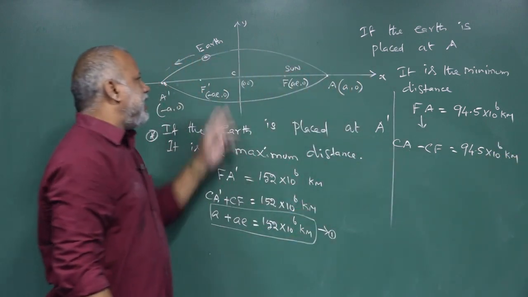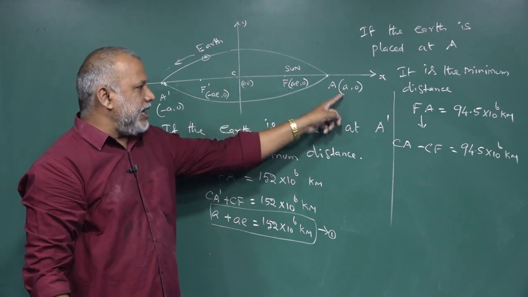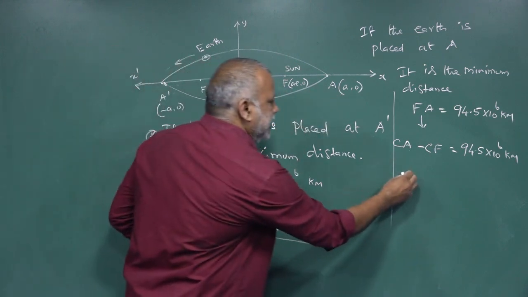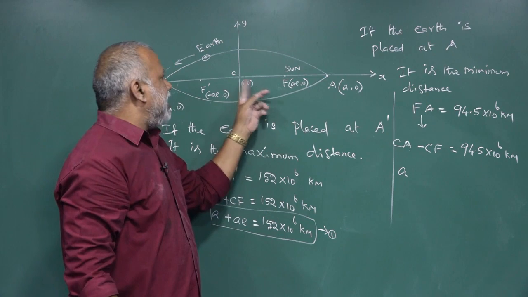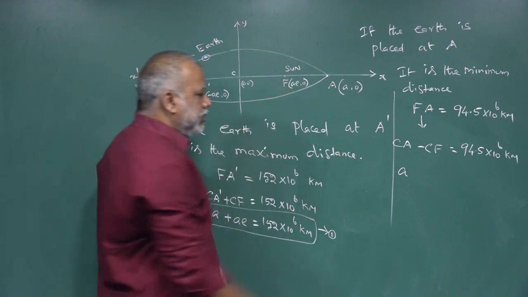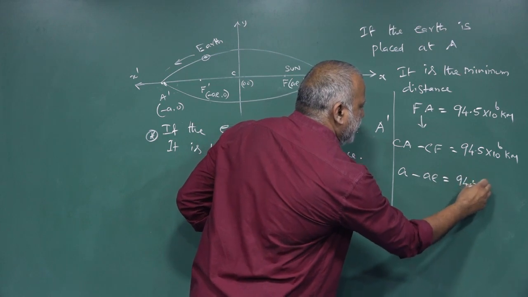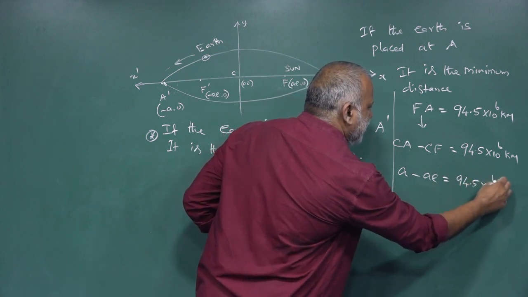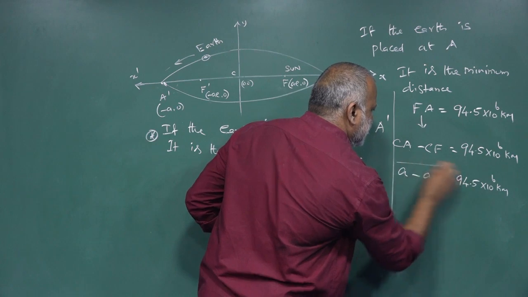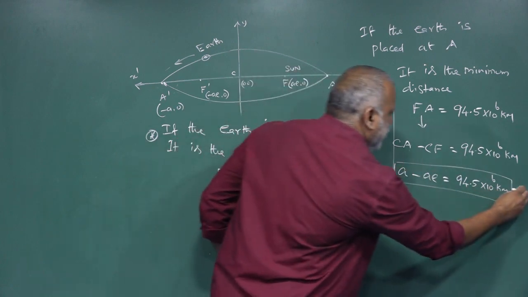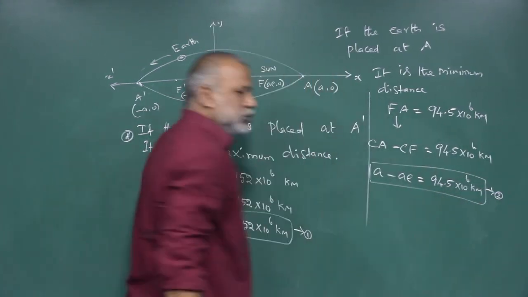What is the value of CA? C is the origin and A is (A, 0), so we can say it is A. What is the value of CF? Already AE. So A minus AE equals 94.5 into 10 to the power 6 kilometer. Say this is equation number 2.